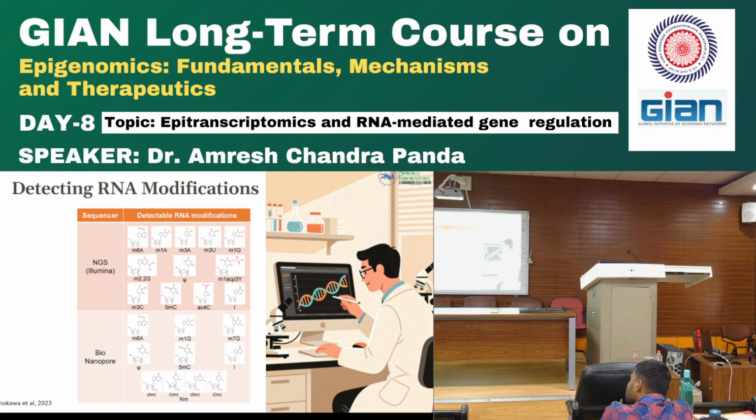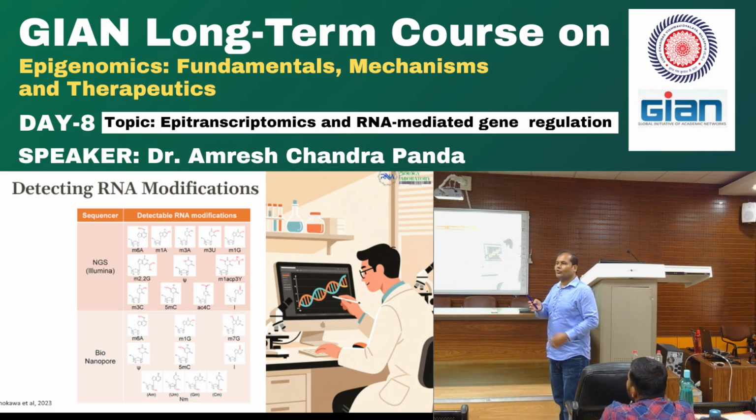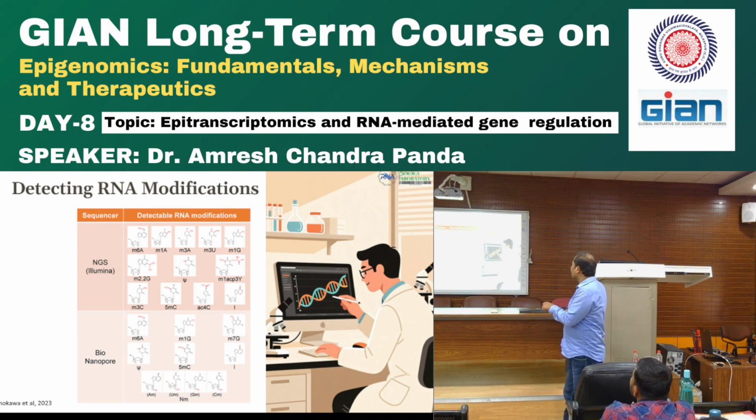So antibody based sequencing, chemical modification based sequencing, or direct sequencing through nanopore. And these are the modifications you can do by NGS, and these are by nanopore. But there are hundreds more modifications for which we don't have a technique to detect them in any of the disease conditions.